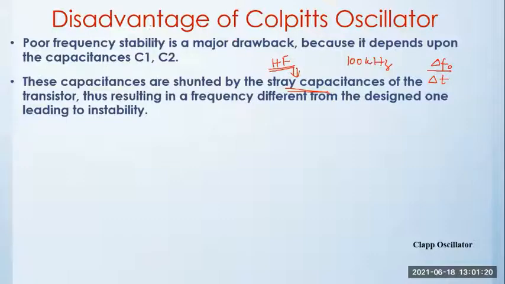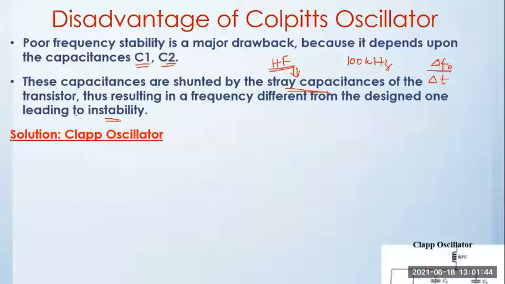These stray capacitances will manipulate the values of the actual capacitances C1 and C2, and hence that causes some disturbance or variation from the set frequency value. You had set the frequency value to 100K, you may get 100.1, 100.2, something like that. You will have variations, and that is known as instability.